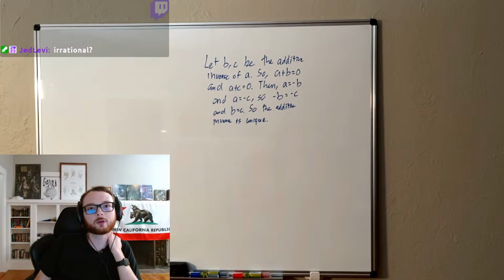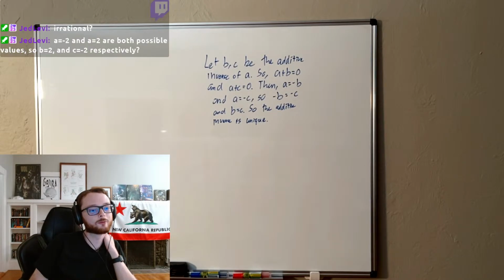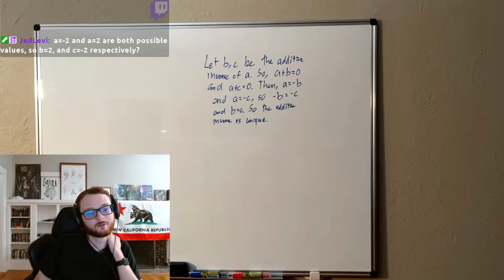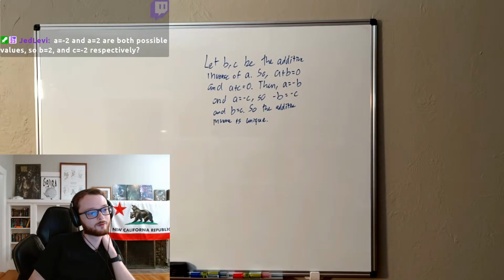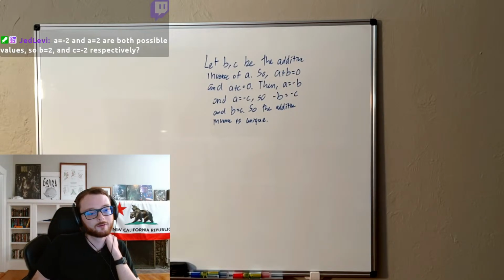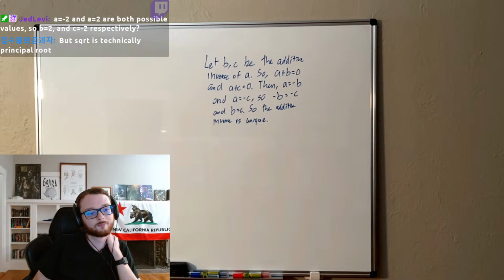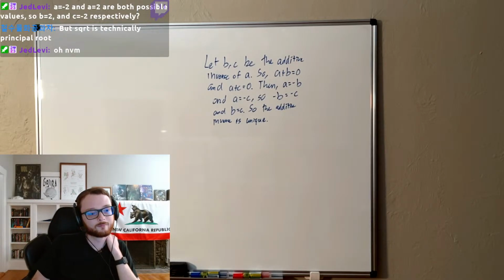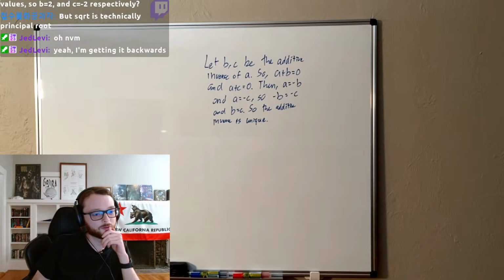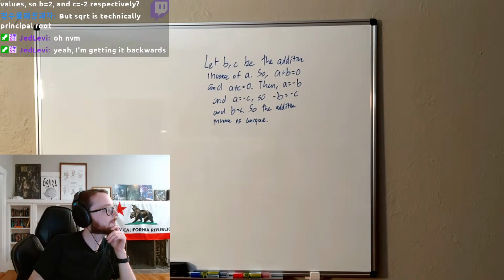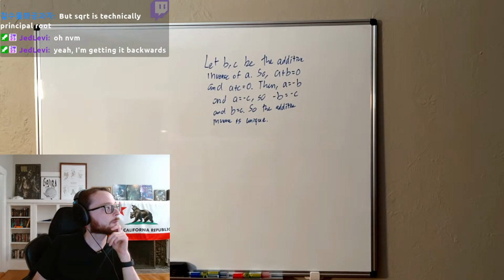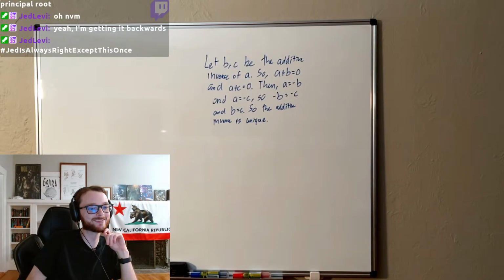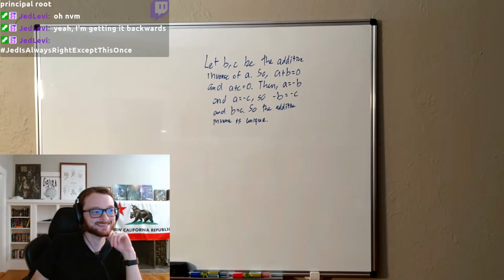If A squared equals 4, then you do have 2 values. Yeah. And so, yeah, we don't need to bring multiplication into the picture when we're talking about additive inverses.